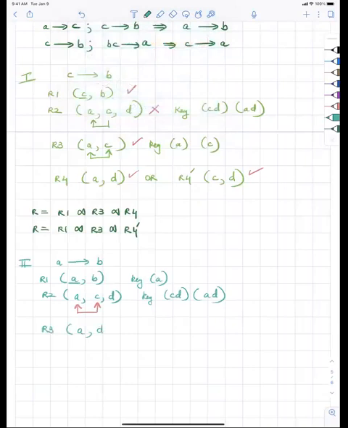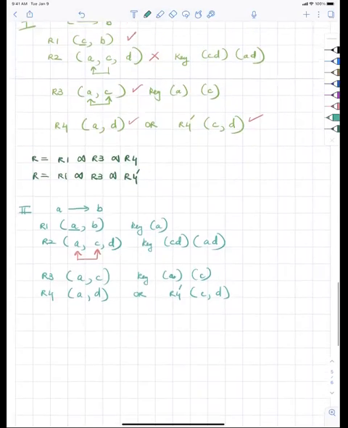So you can have AD, AC, and then R4 could be either AD or CD. So I'll call it R4 dash again. So it's this reduced down from the old one.